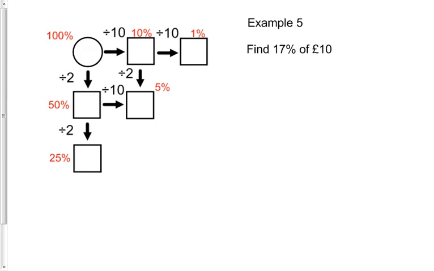One last example. We're going to look for 17% of £10. Again, all of this is being done without a calculator. Now, 17% we can find using 10%, 5%, and two 1%. So we're going to need 10, 1, and 5. So we'll start over here at our 100% with our £10. 10 divided by 10 is 1. 1 divided by 10 is 0.1. 1 divided by 2 is 0.5.